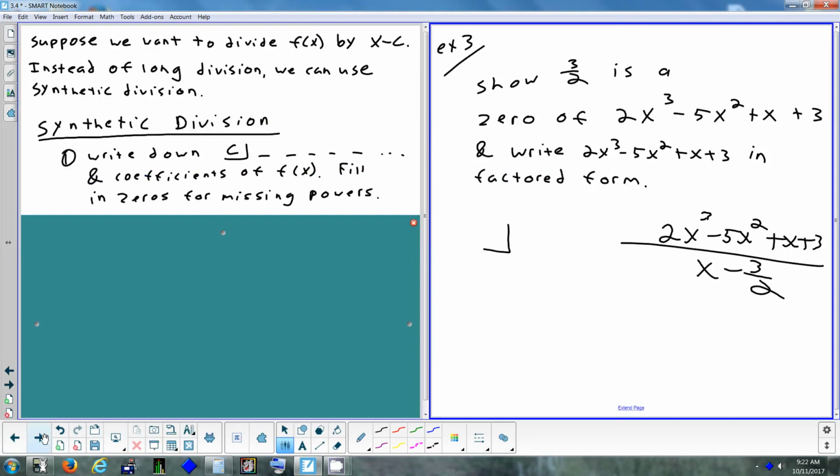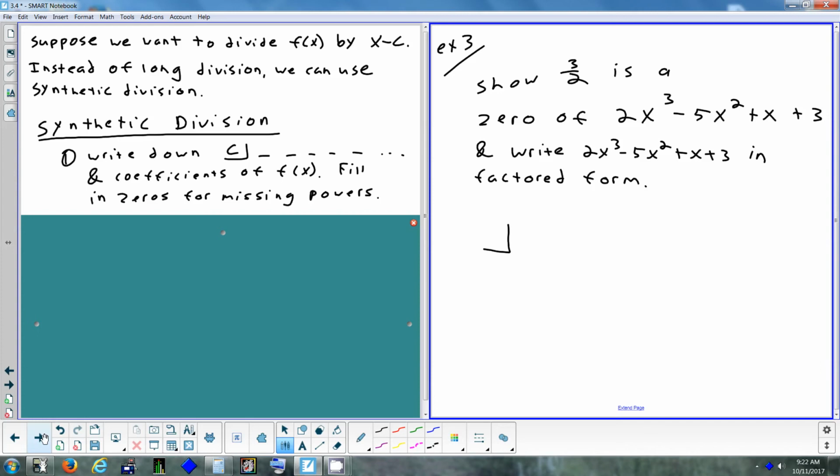And if I get a remainder of what, then it proves x minus 3/2 is a factor? What do I have to get a remainder of? Yep, 0. So if I divide by x minus 3/2 and I get a remainder of 0, that proves x minus 3/2 is a factor, which also proves 3/2 is a root. It also proves it's an x-intercept and all that stuff. Okay, so that's basically what we're doing.